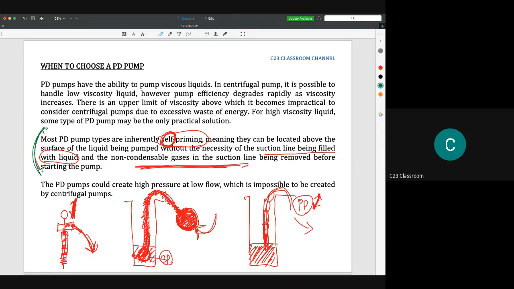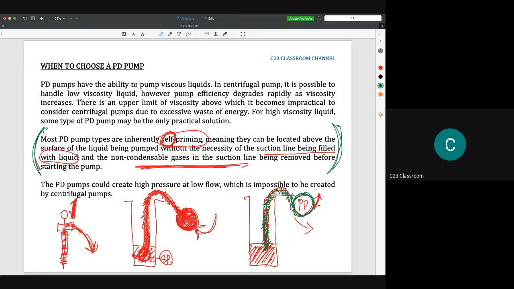Okay. So dalam masalah ini juga, antara kelebihan positive displacement ialah positive displacement ia boleh menyimpan air. Contohnya awak ada pump, positive displacement pump here. Okay, for the first time, yes, you need some time to make sure that water will suck into the suction line here.